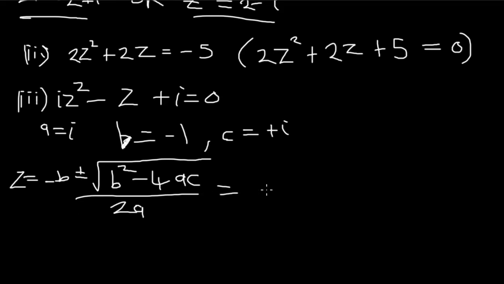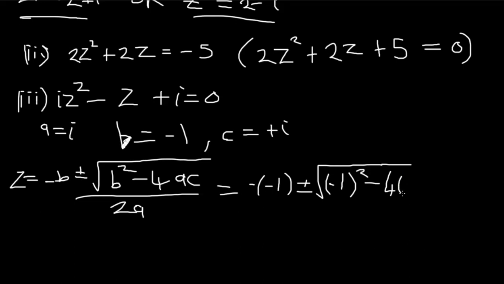So our b there is -1, so I'm just putting -1 there, then plus or minus the root of my b squared, which will be -1 squared, minus 4.